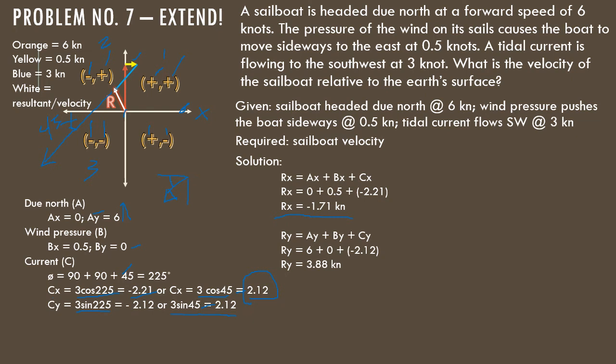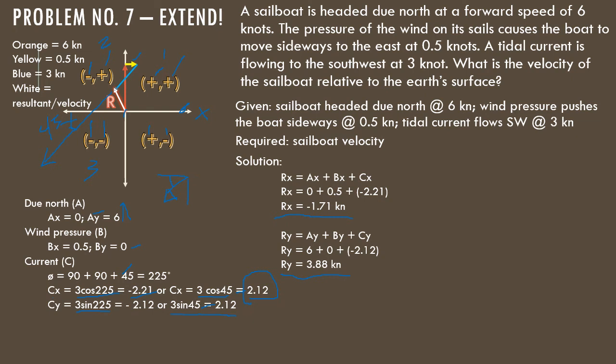Then, the ry is equal to ay plus by plus cy. So, yung ay natin ay 6, yung by natin ay 0, yung cy natin is negative 2.12. Kaya, pag in-add natin, magiging ry is equal to 3.88 kN. So, positive naman siya. Ibig sabihin, yung rx niya or yung x is towards left, or nasa left second quadrant or third quadrant.